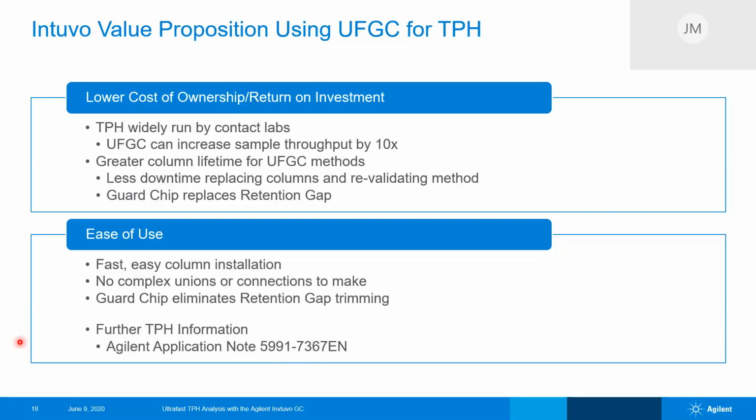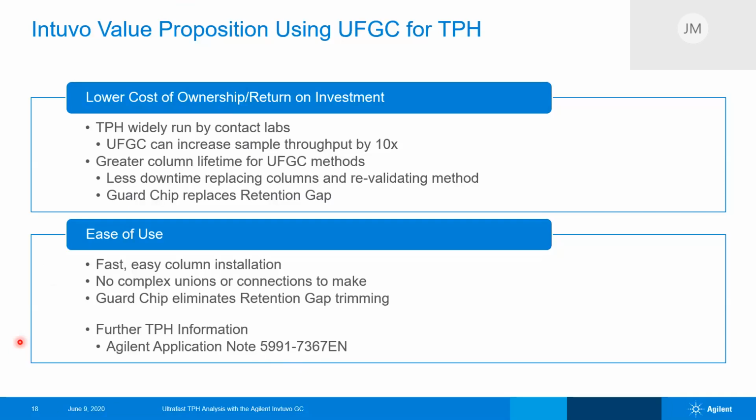Now, the Intuvo does have in the EPC the safety features that all of our other inlet EPCs have. So there's a limiting frit built into the EPC, so it caps off the amount of carrier gas, if you're using hydrogen, that we get through the EPC into the inlet. In addition to that, there are pressure and flow sensors.